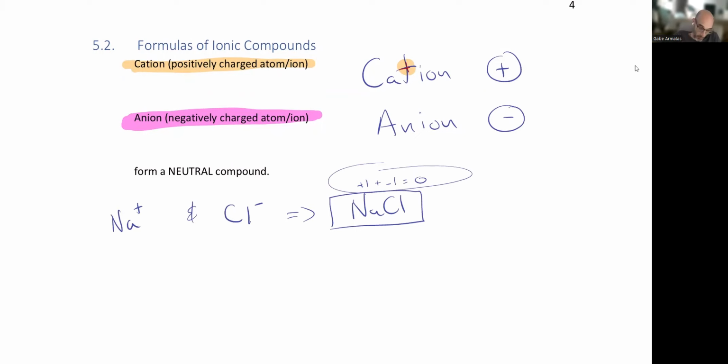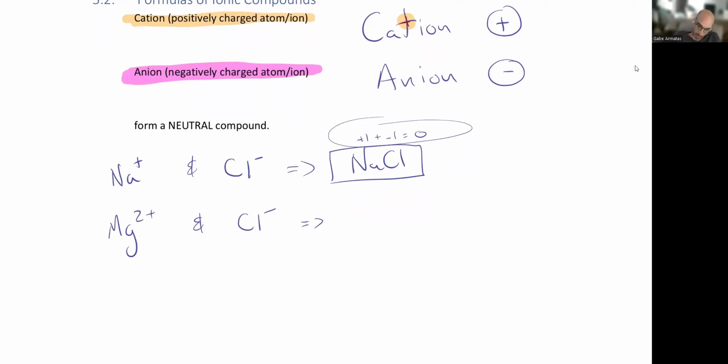Okay. But if I took magnesium, which has a 2+ charge, and I combined it together with my chlorine, which is a -1 charge, how many chlorines do I need with that magnesium? Well, the one magnesium, which is 2+, I am going to need two of those, right? So two chlorines, so MgCl, and I'm going to do a subscript 2.